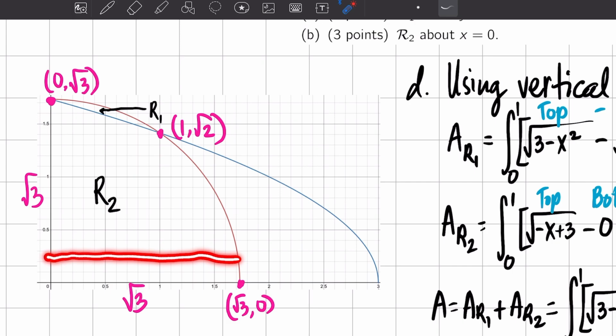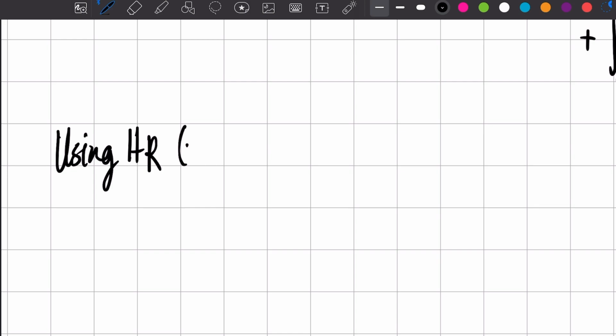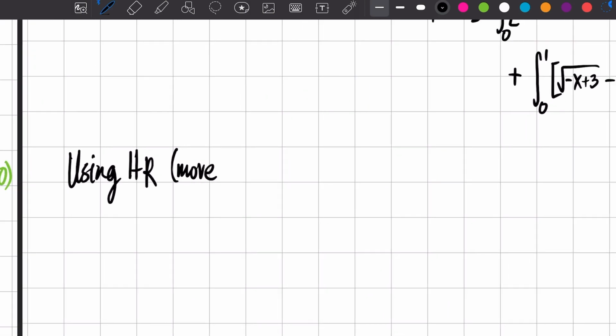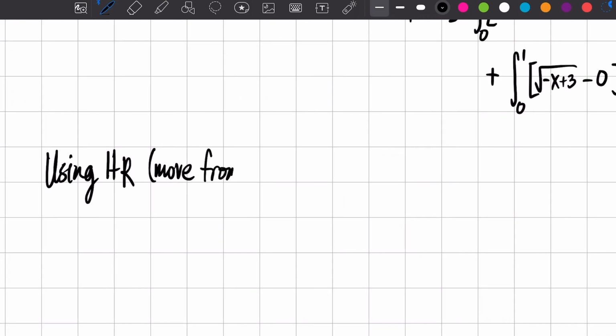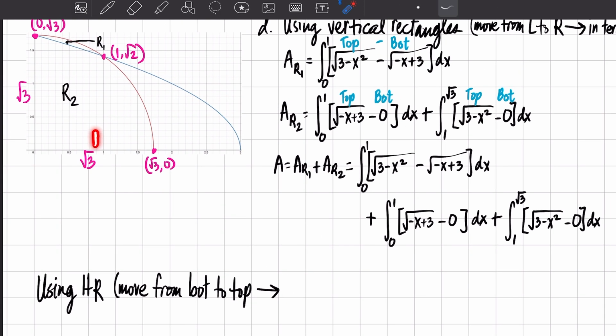For us to span the entire region, we are moving from bottom to top. And since we are moving from bottom to top, that means that we are moving through values of y. So we have to make sure that our setup is in terms of y.